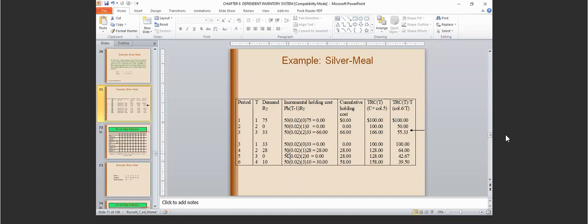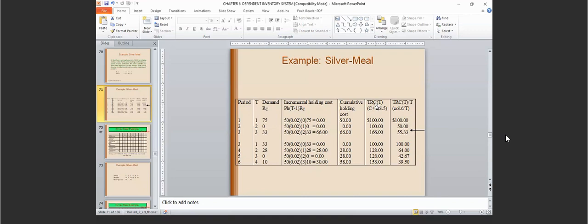And 50 ringgit multiplied by 0.02 multiplied by 1, where T is equal to 2 minus 1, so we have 1 here, multiplied by the gross requirement of 28. So we have an incremental holding cost of 28. The cumulative holding cost is 28 plus 0, so we have 28 here.